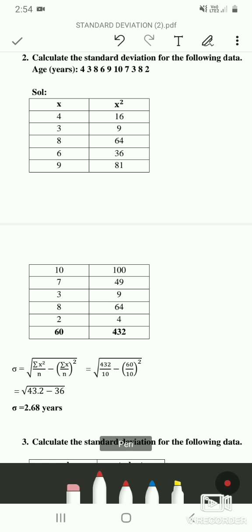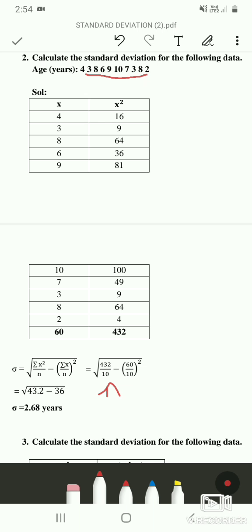Once you obtain the value of summation x and summation x square, substitute it in the formula. Therefore sigma is equal to square root of summation x square divided by n minus summation x upon n whole square. Here summation x square is 432 and small n is 10. There are 10 observations.